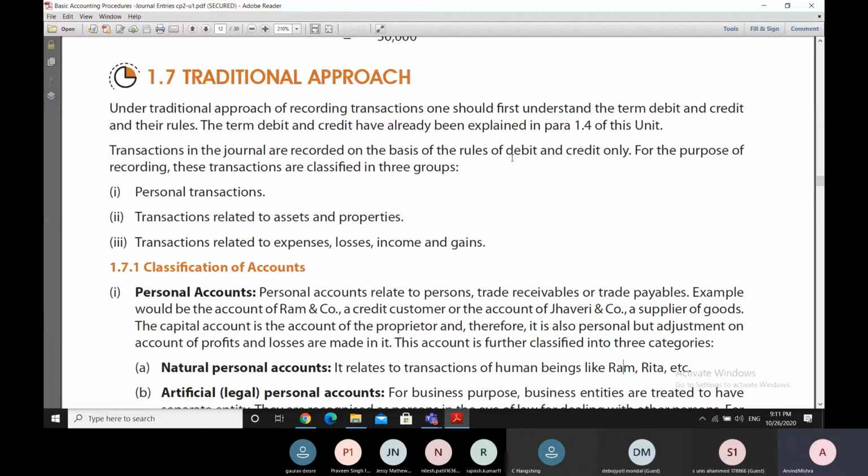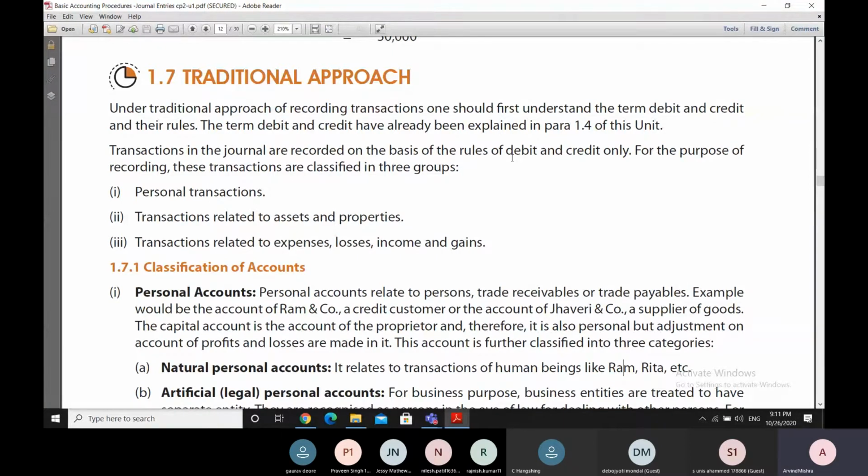The personal transactions normally relate to capital account, and the transactions which relate to assets and properties normally relate to the balance sheet. So we can say that these 3 groups correspond to capital account, balance sheet, and to the profit and loss and trading account.